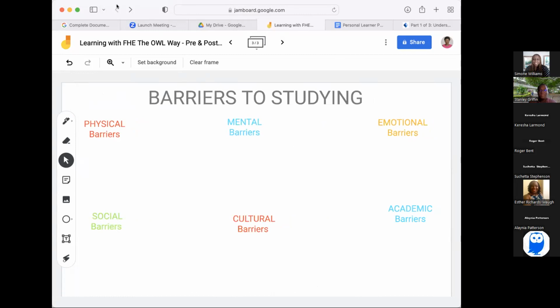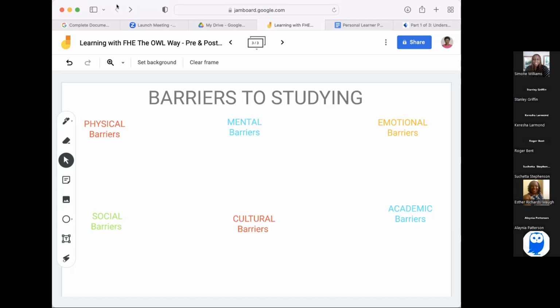Oh, yes, we are at barriers to learning. And so, Miss Williams would have touched on a number of points regarding in class. We would have looked at pre-class, the study cycle, how do you prepare for class? When you are in class, how should you engage the material and the content, or how should you engage while you're in class and so forth.